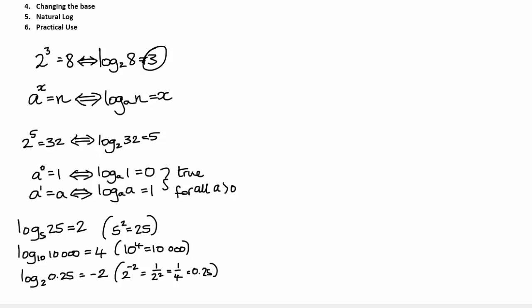So the log of a decimal here has led to a negative. Let me put another one over here. Log to the base x of 81 would equal 2. How would I solve that? Well, if I wrote that in a slightly different way, that's saying x squared is 81. So therefore x is 9.